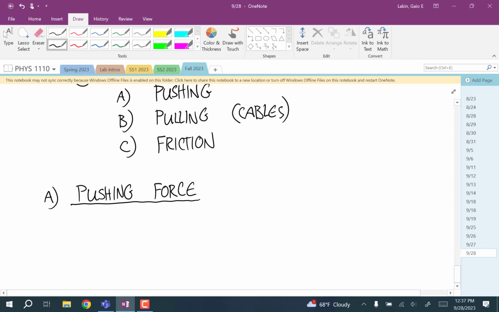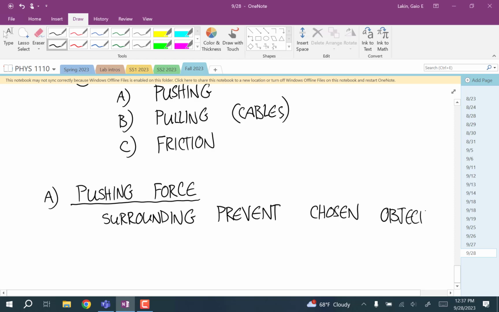A pushing force is one where the surroundings prevent the chosen object from invading its space.